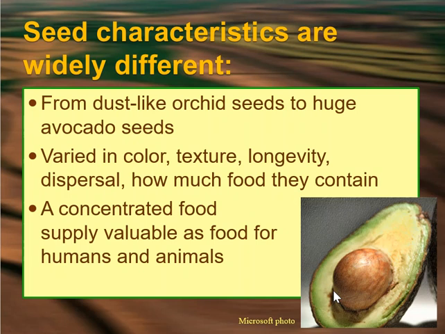So by using this fruit or seeds, we get a food supply for ourselves, but it also provides a food supply for the new plant that's starting until it's able to grow and produce and photosynthesize its own food.